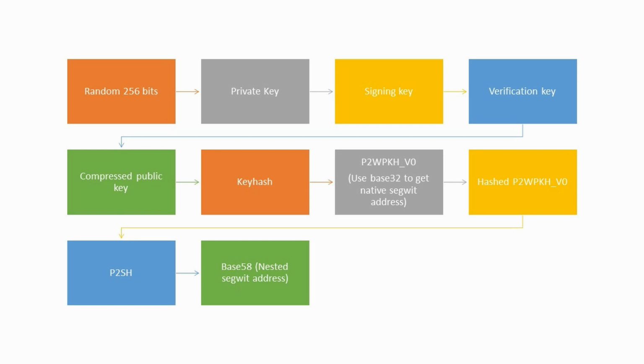And this is what we will do in the next video. I will complete both addresses, both the native and the nested address, each with its own corresponding encoding, the bech32 for the native Segwit address and the base58 for the backward compatible Segwit address.